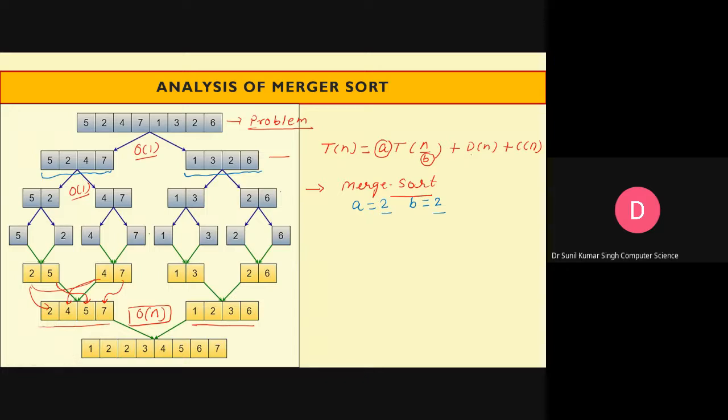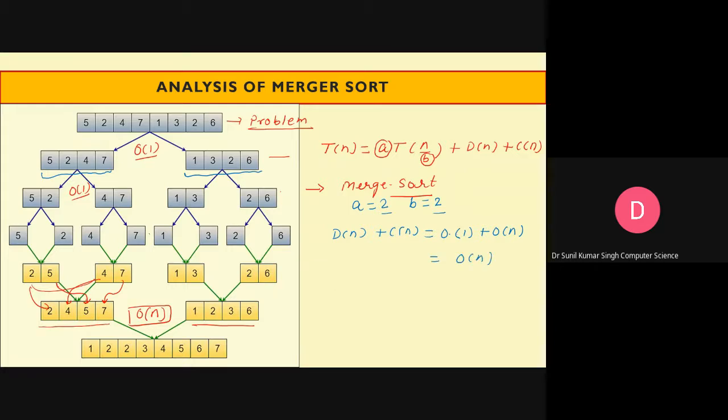Now, dividing and combining cost. The division cost is order of 1, and the combining cost is order of n. So overall we can say that it will be order of n.